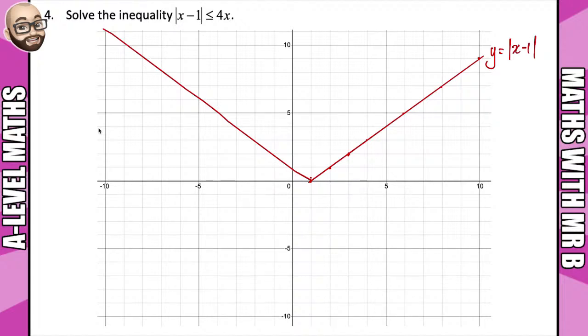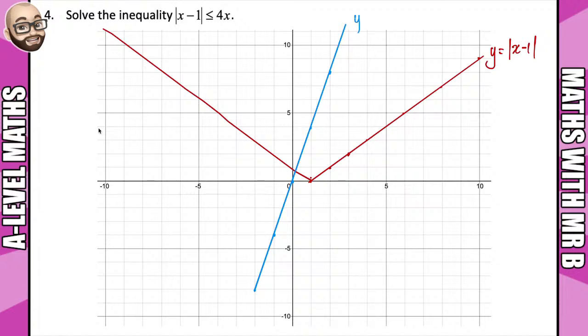And then the other one is just going to be the y equals 4x graph, which is going to go through these points here. Straight line tool. And again, that does not look too bad, so let's just stick with those.